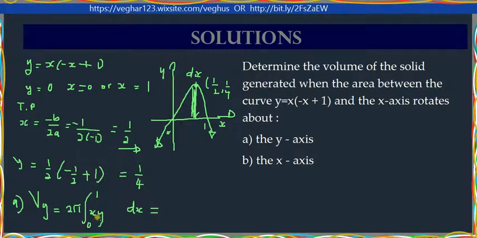Then everything must be in terms of x, so we eliminate y. To eliminate y, we'll take the equation of y and substitute where there's y. So we have x, and we're going to take this equation. If you multiply the equation inside, we have negative x squared plus 1 and plus x.